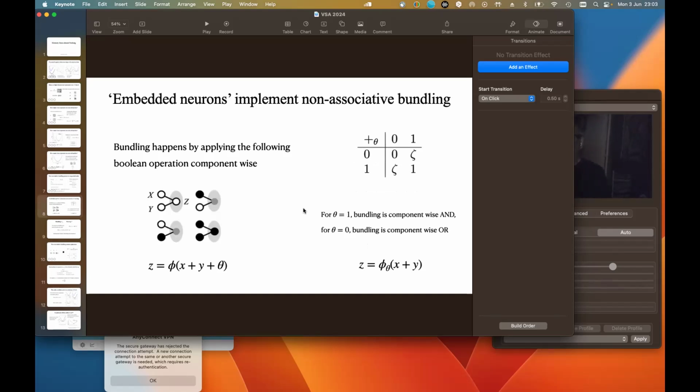Let me make an observation about this, which might help in interpretation and also speaks to that second question Tony was raising: you can implement associative bundling as a component-wise random selection from the vectors. If you're doing a standard 50-50 bundling of two arguments, you're just selecting each element at random from one of the two.